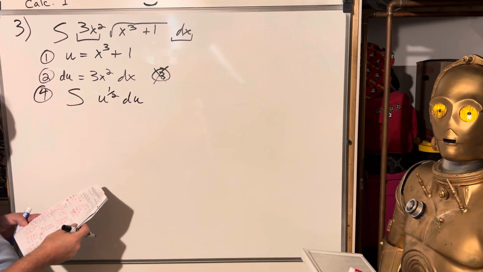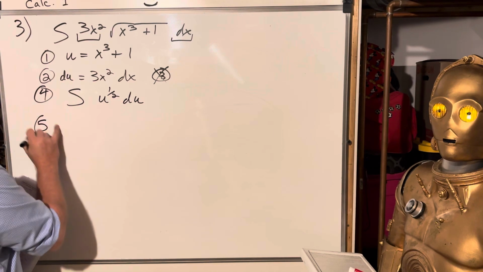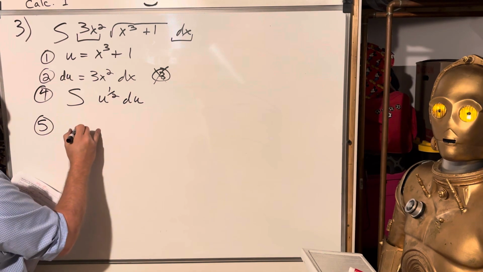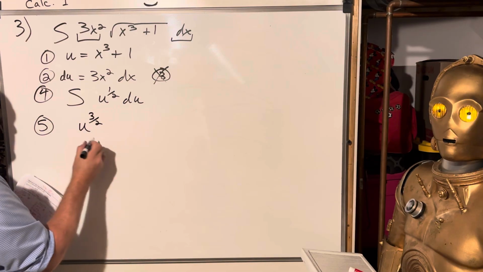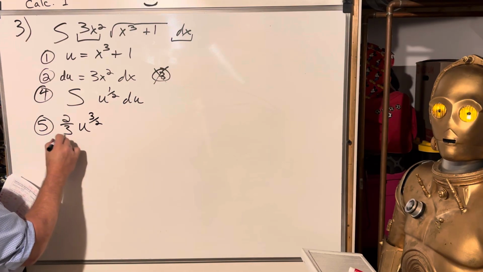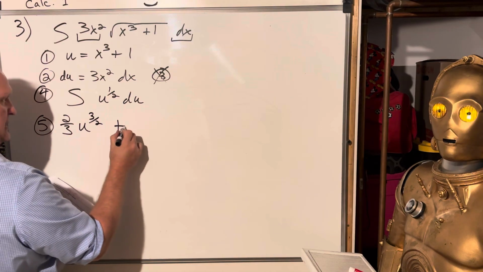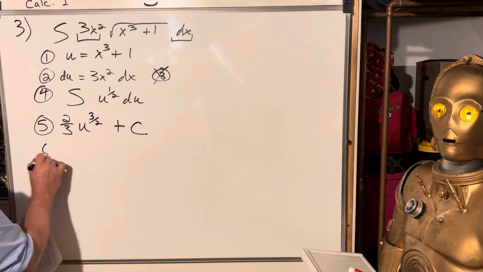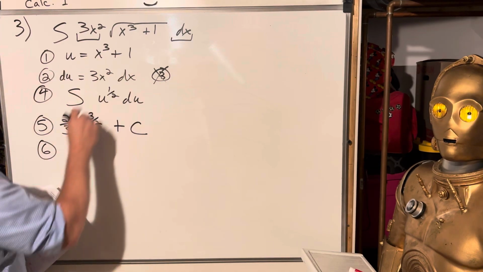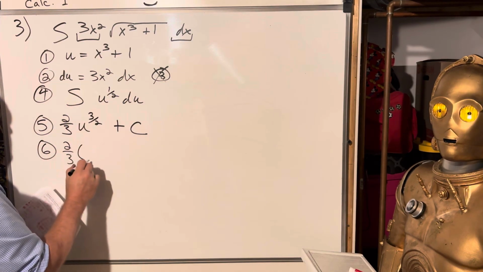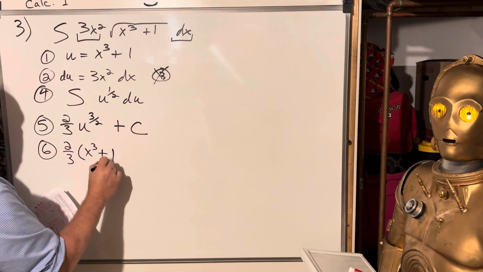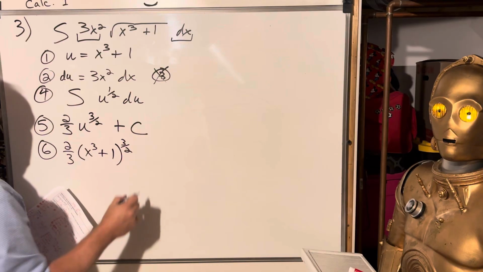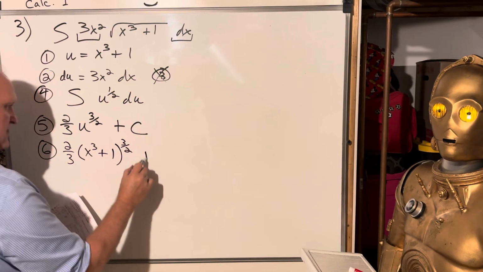Step 5, integrate, so add 1 to 1/2, 3 halves, so u to the 3 halves, and then remember, multiply by the reciprocal, 2/3 as the coefficient, plus c. And don't forget to put back our x's. We don't have any u's in the original problem. We just used that as a little placeholder to make it a little less confusing.